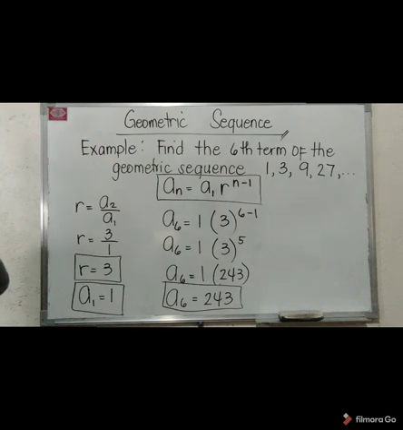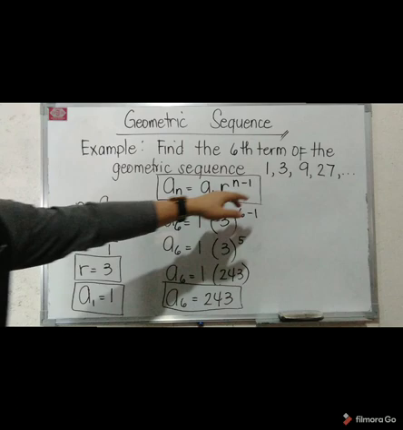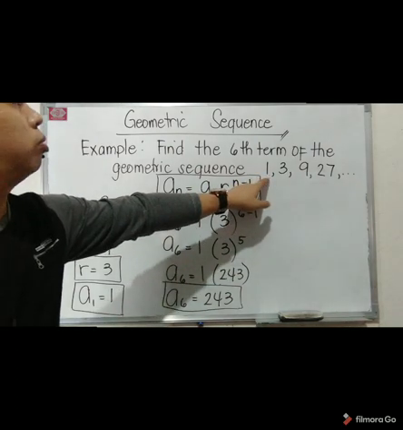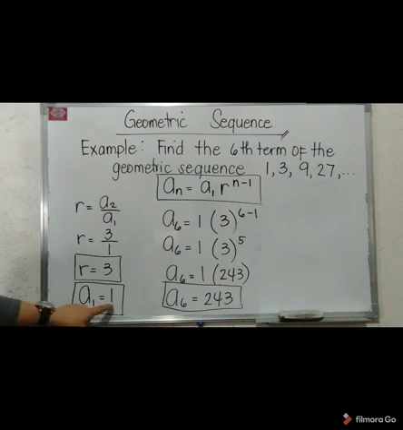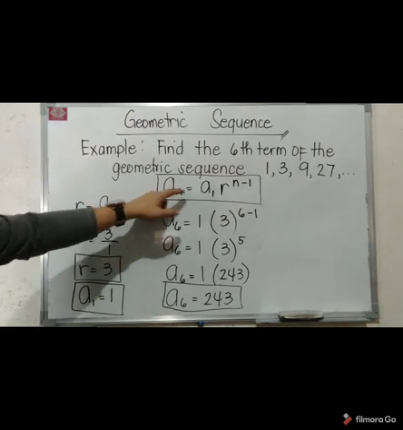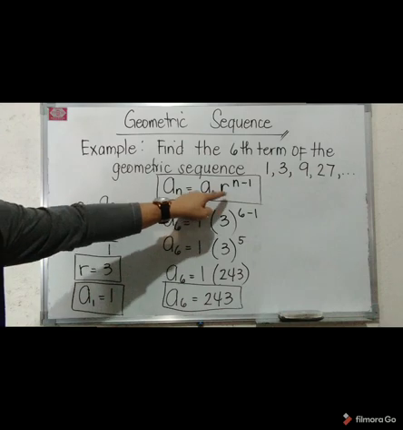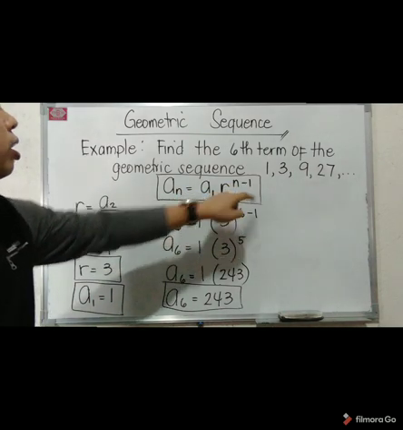Now, kailangan din natin ang a sub 1. Provided naman na ang a sub 1 ay equal to 1. So, a sub 1 equals 1. Our ratio is equal to 3. So, substitute lang natin siya sa formula natin. A sub n equals a sub 1 times ratio raised to n minus 1.